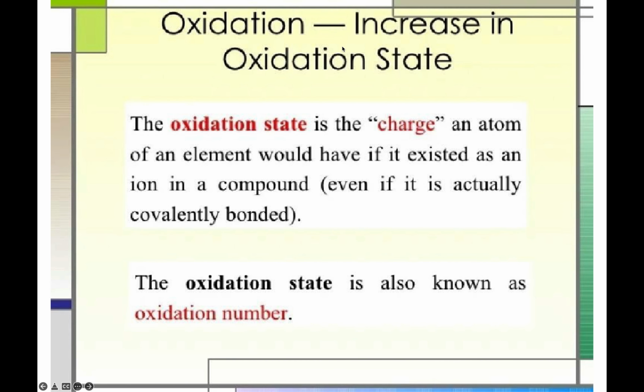So already we were talking about oxidation, that is increase in oxidation state. So what is oxidation state? It is the charge an atom of an element will have if it existed as an ion in a compound, that is if it is covalently bonded. We also call oxidation state as oxidation number.